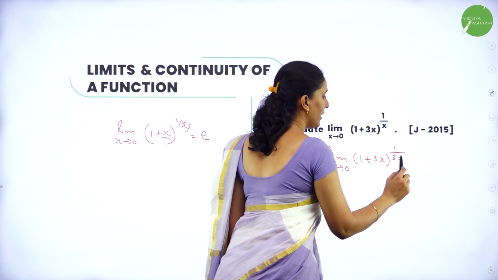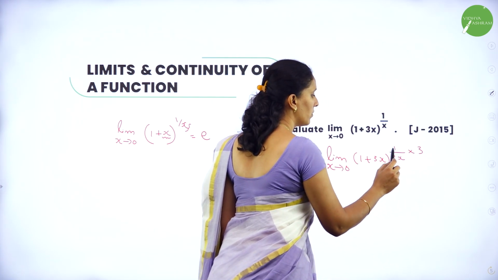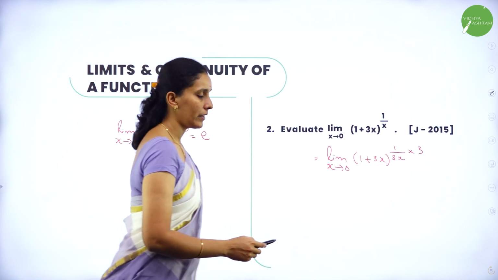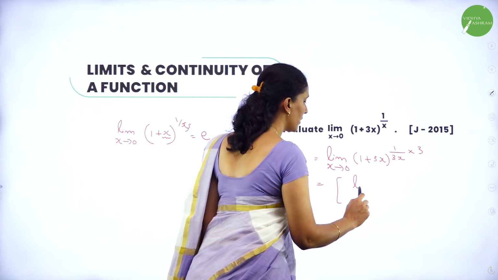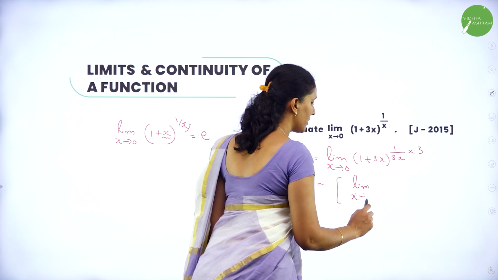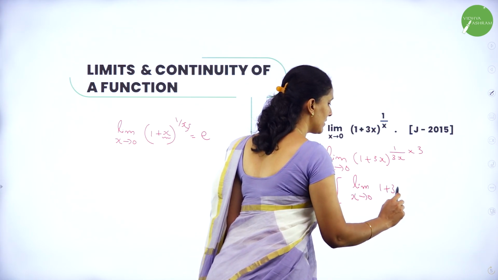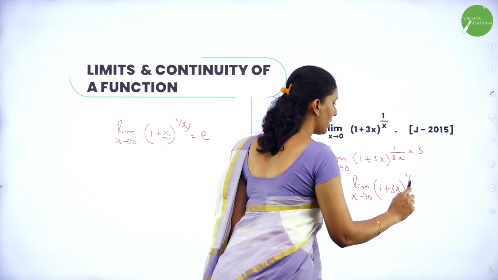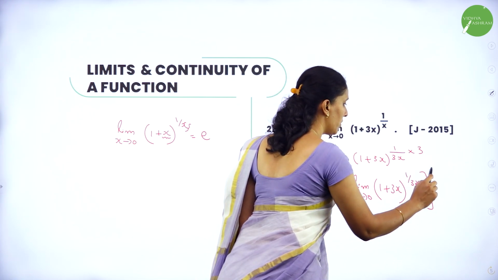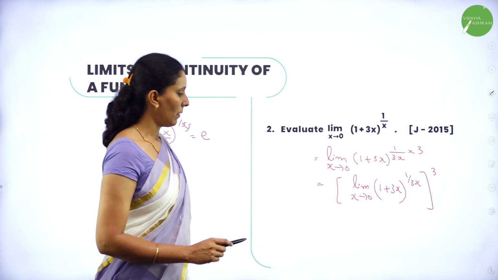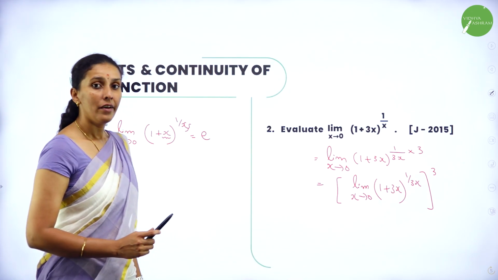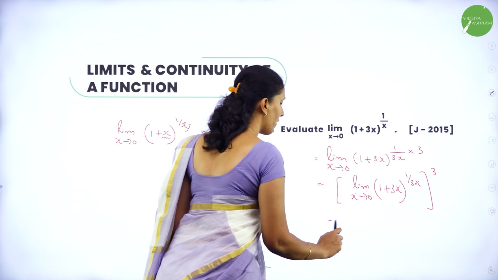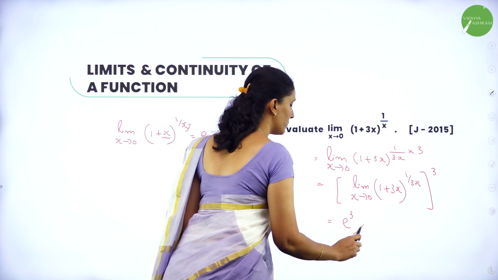I'll multiply and divide by 3 here. So multiply and divide by 3. Now we can apply the limit here as x tends to 0, 1 plus 3x to the power 1 by 3x whole cube, 3 times the same limit. So now this is in the standard form here. We can replace it with e. So the value is e cube.